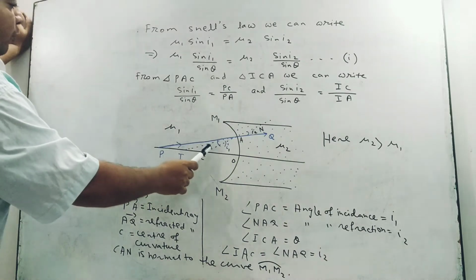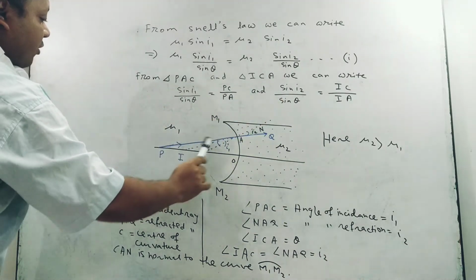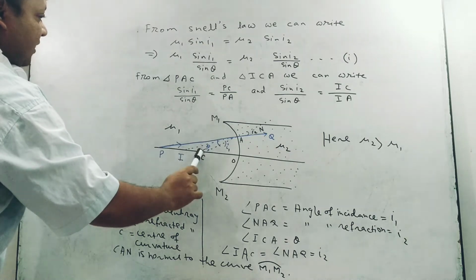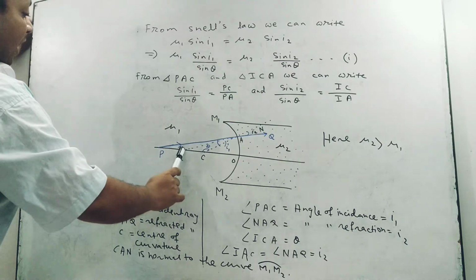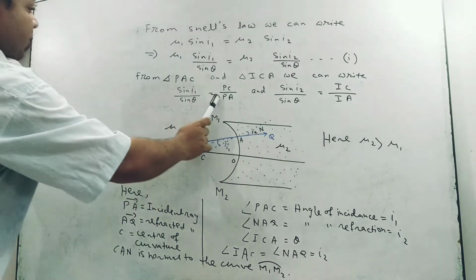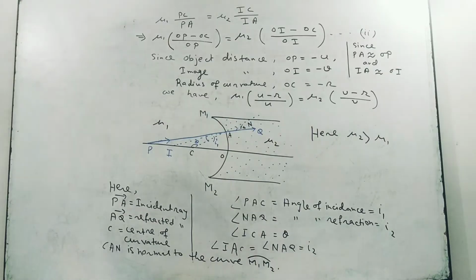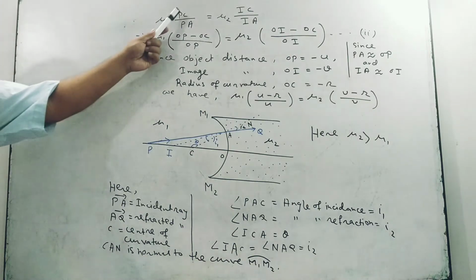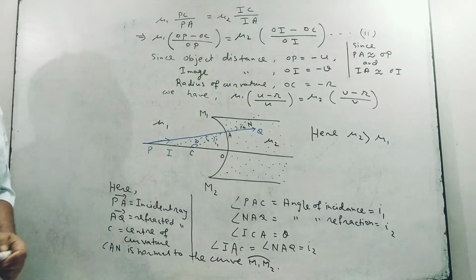Here the opposite side of I2 is IC and the opposite side of theta is IA. This comes from Lami's theorem. Now, substituting these values, we can write mu1 PC by PA is equal to mu2 IC by IA.